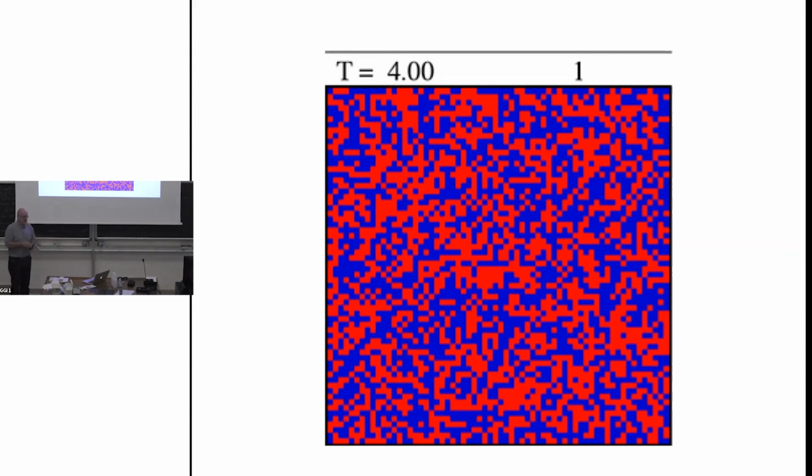In each time step, I attempt n different spin flips, n being the number of spins. Here the number of spins is, I believe, 128 squared, or is it 64 squared? I'm not sure. I think maybe just 64. So red and blue, of course, and there are small squares here, so it covers the lattice. Red and blue correspond to up and down.